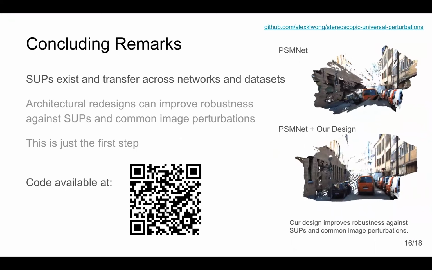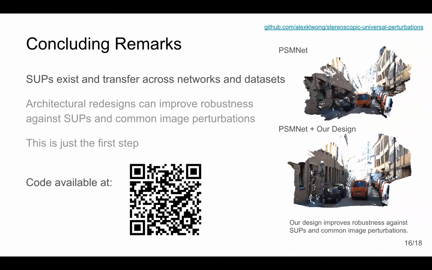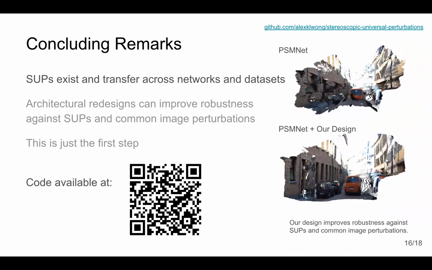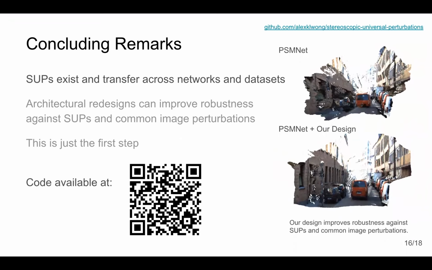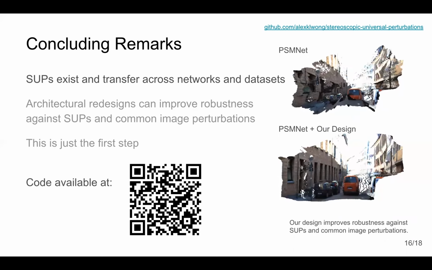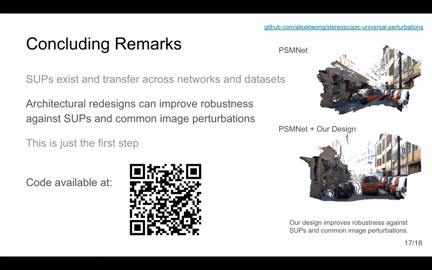So indeed, stereoscopic universal perturbations exist, and not only do they affect the dataset and network they are optimized for, but they can transfer across network architectures, datasets, and even domains. As stereo is widely used in spatial tasks, this may present a concern.